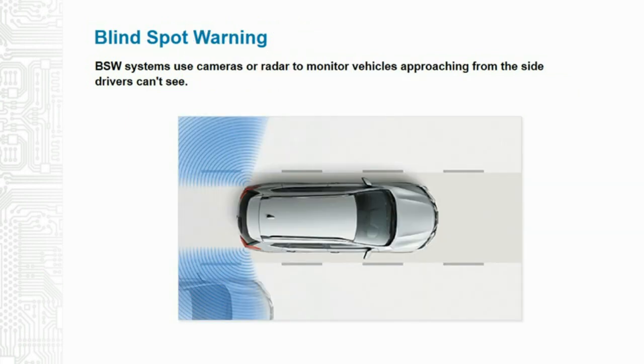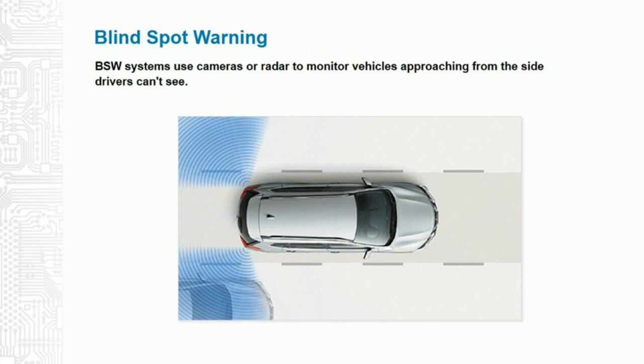Blind spot warning. It uses camera or radar to monitor vehicles approaching from the side that the drivers can't see, the area that's next to or behind the car, in what's called the driver's blind spot. Again, the idea is to facilitate safe lane changes. If a vehicle is detected, the driver gets a visual warning, often in the outboard mirror, or on the front pillar.